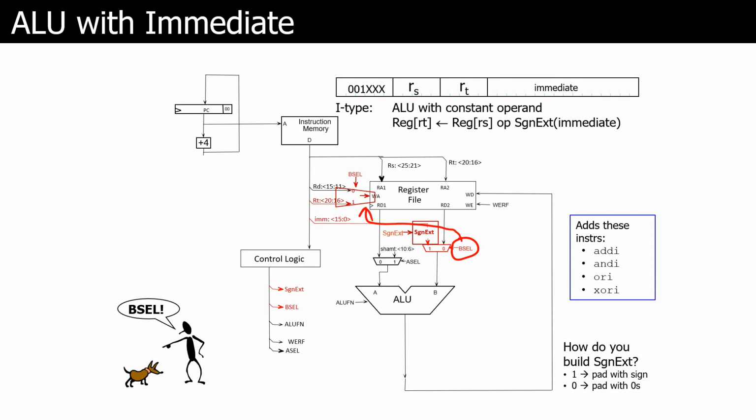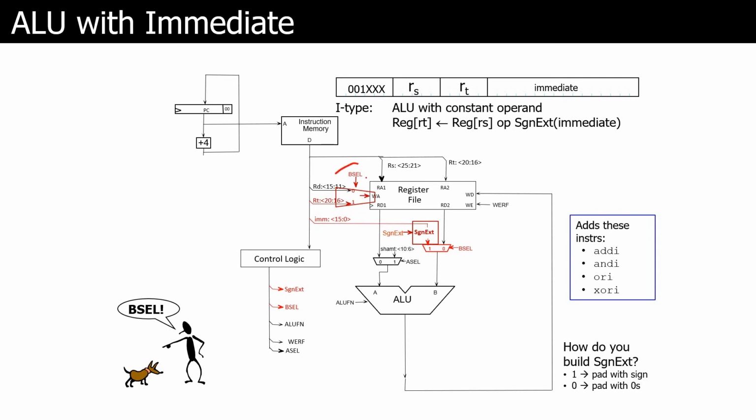If you have 0 for bselect, that means you're going to do a R-type instruction, and so you're just going to keep RD as your register that you're writing to. But for immediate instructions, you need it to be RT instead, and that's what's going to happen if you have 1 as your bselect input.